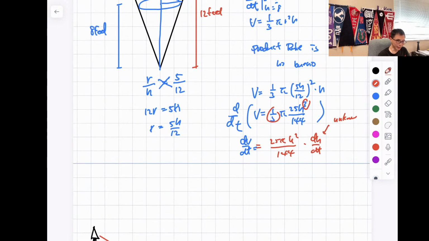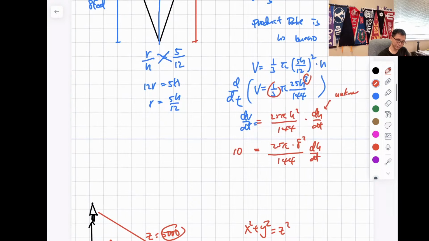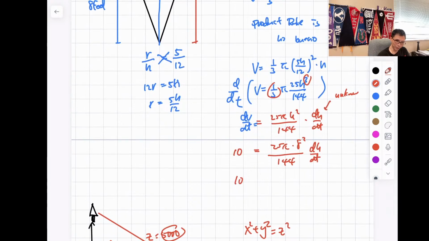What is dV/dt again? 10 is equal to 25 pi times h squared over 144 times dh/dt. What is 8 squared? 64. So 25 pi times 64 over 144.